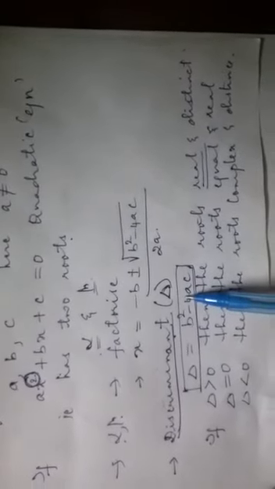Now if the value of b square minus 4ac is positive, that is delta is greater than 0, then the roots are real and distinct. If delta is equal to 0, then the roots are real and equal. And if delta is less than 0, that means b square minus 4ac is a negative value, then the roots are complex and distinct.